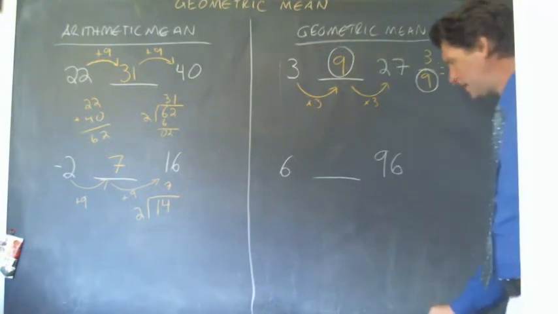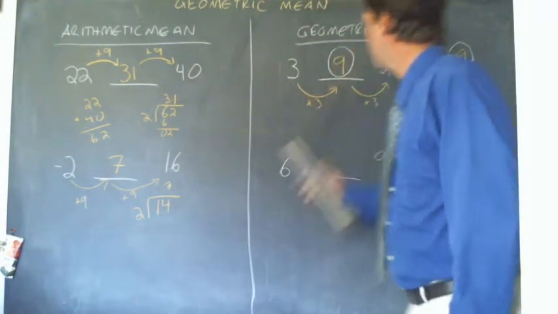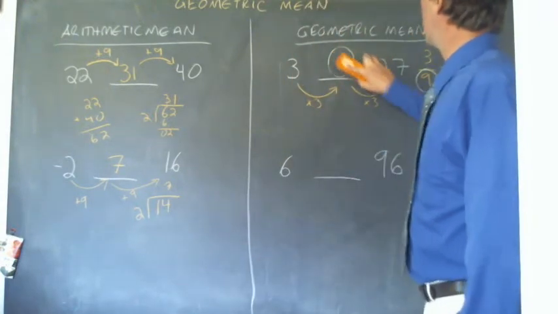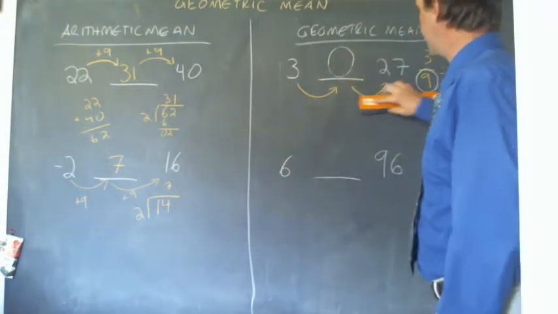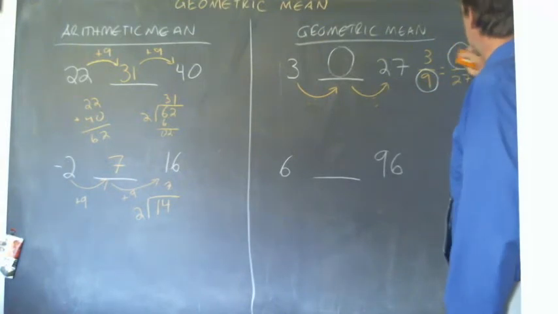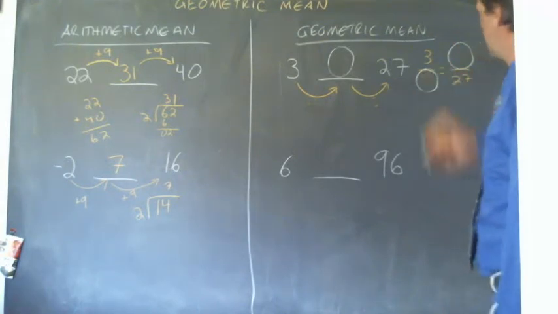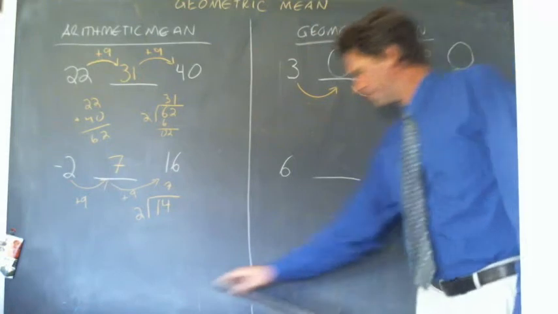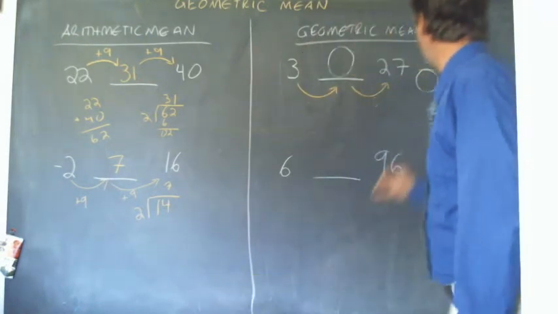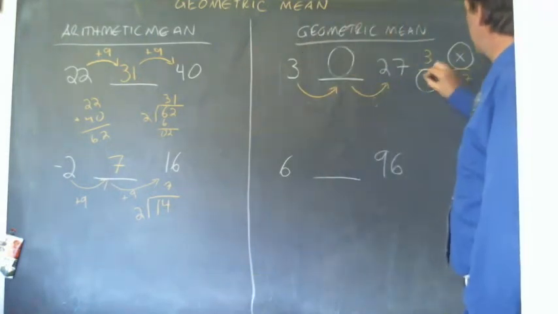So we're going to pretend like we didn't know the 9 was there. Didn't know what we multiplied by. Didn't know what this is. Well, we'll use the same proportion. We don't know what it is, we put an x.